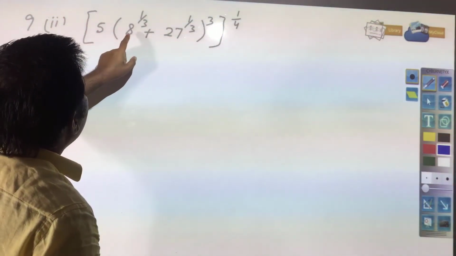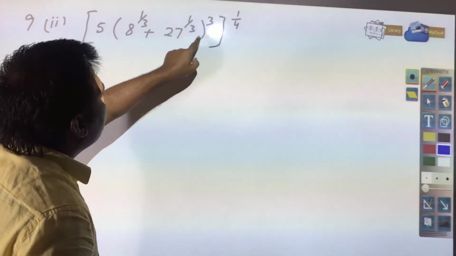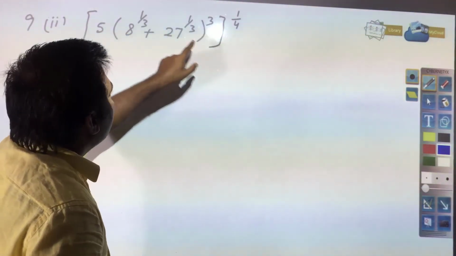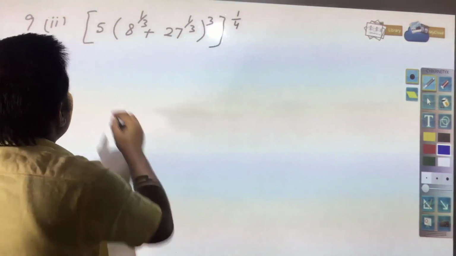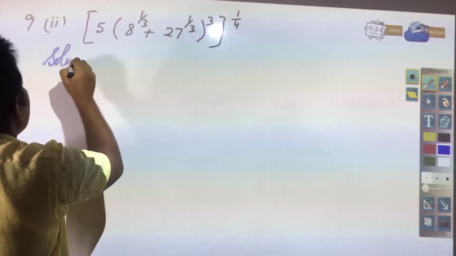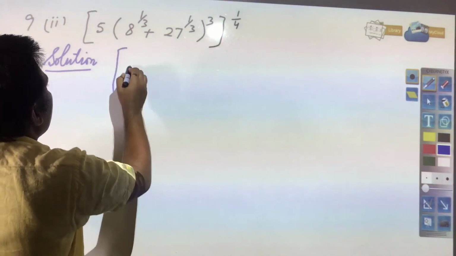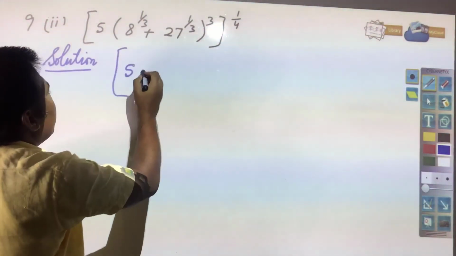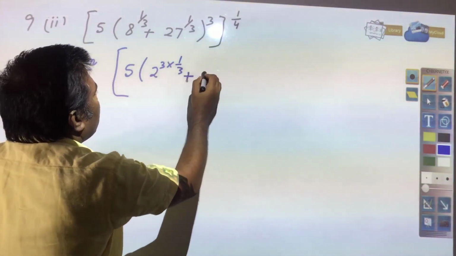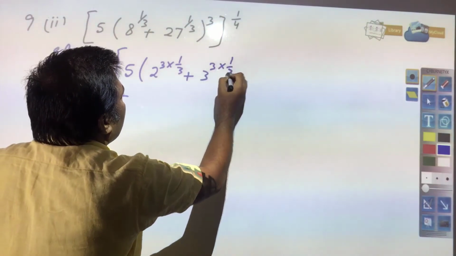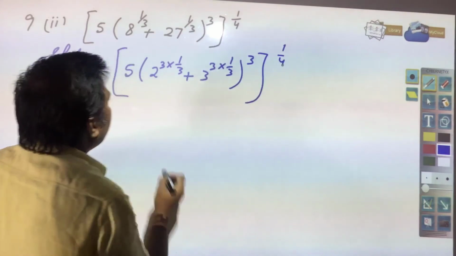Next you see, 5 into 8 to the power 1 by 3 plus 27 to the power 1 by 3, whole to the power 3, and again whole to the power 1 by 4. So, how will we solve this? This can be written as 2 to the power 3 into 1 by 3 plus 3 to the power 3 into 1 by 3, and to the power 3, and whole to the power 1 by 4.